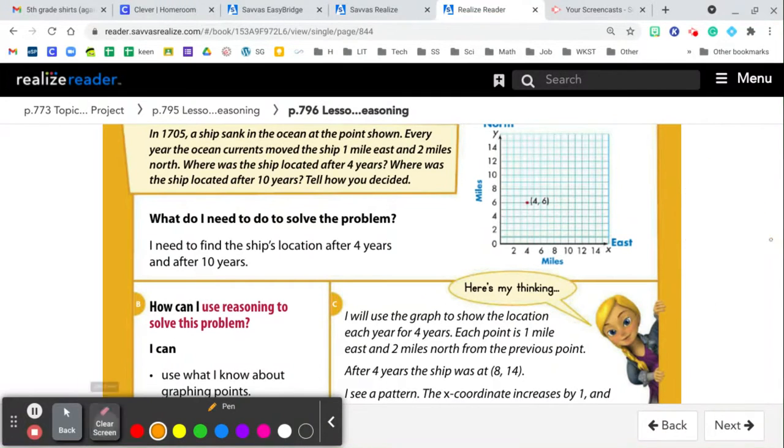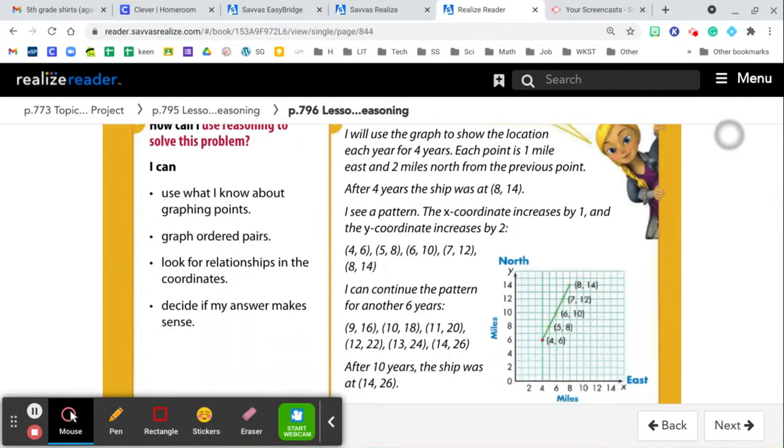So let's see what we have going on here. You can make a table to help you out. You can plot it. So remember, you can see here, our x value is going plus 1, and our y value is going plus 2. So our question is, what will happen to it after 10 years?